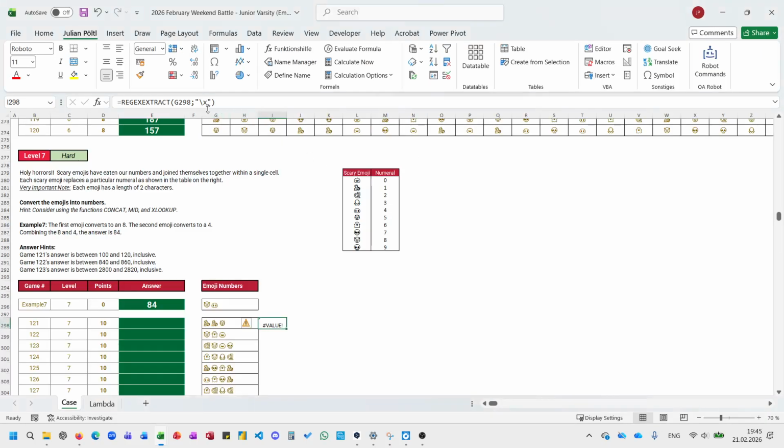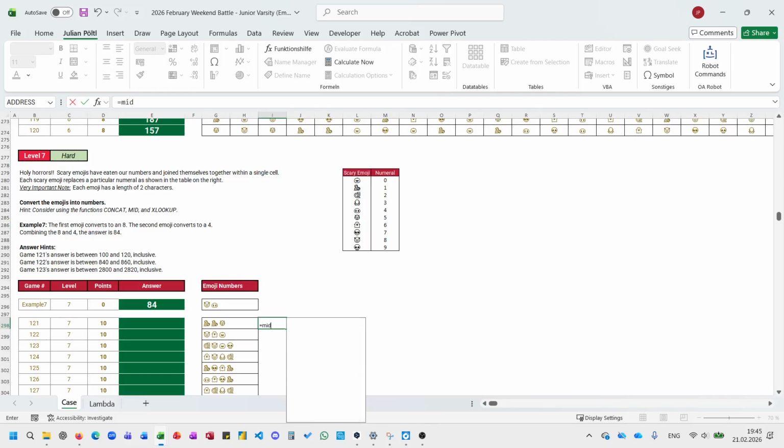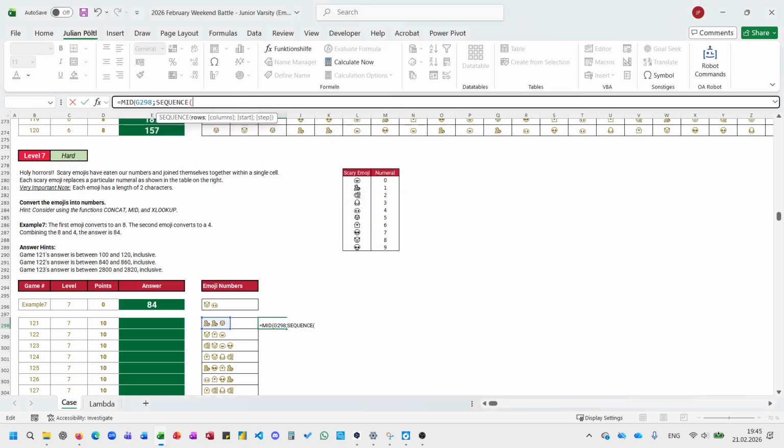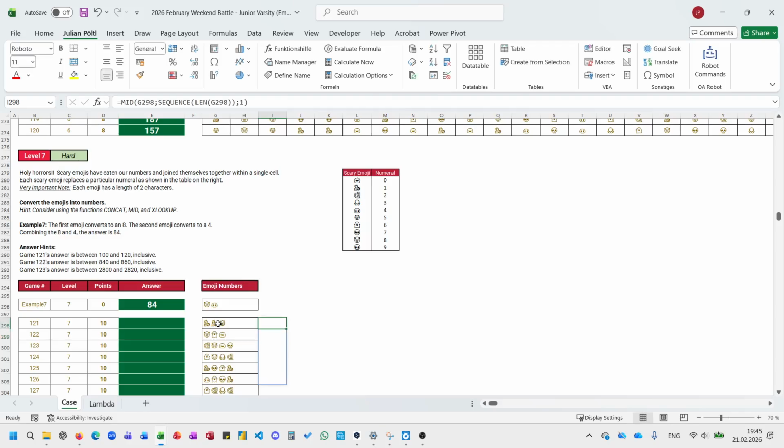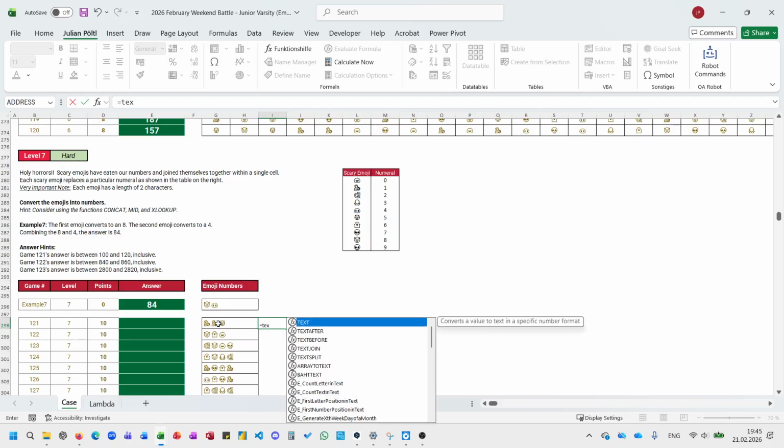Okay, try point. No. Anyways, I don't know if mid-sequence will work, because those characters might be longer than one. Yeah. So therefore I use my text split.